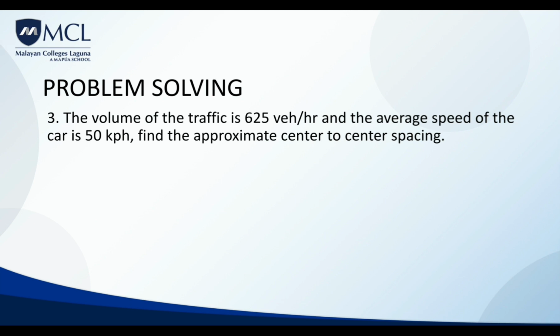The volume of the traffic is 625 vehicles per hour, and the average speed of the car is 50 kph. Find the approximate center-to-center spacing. So, what we are looking for is the spacing. To find the spacing, we need the value of the density, so we have 1,000 over the density. Let's solve for the density.